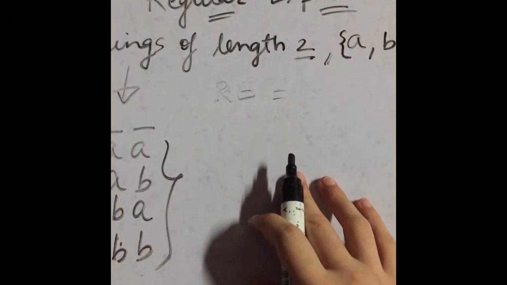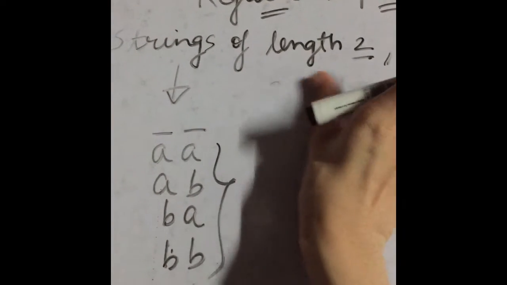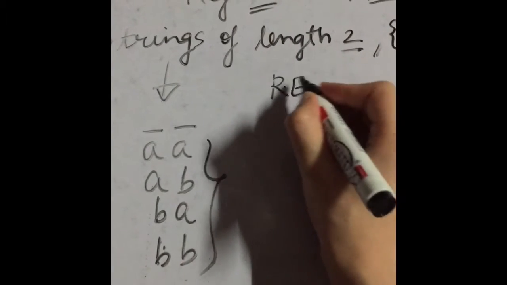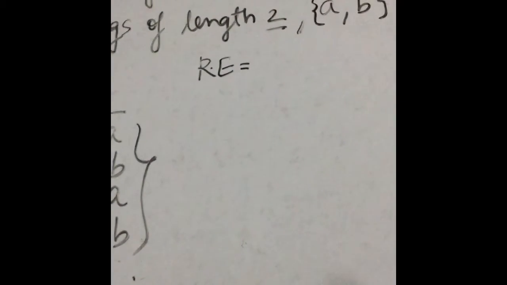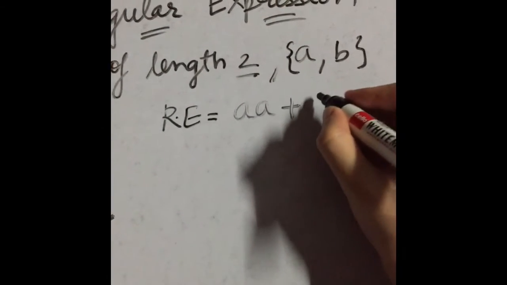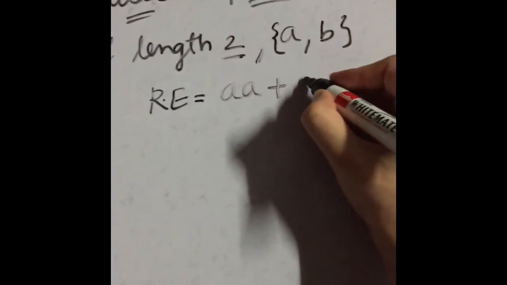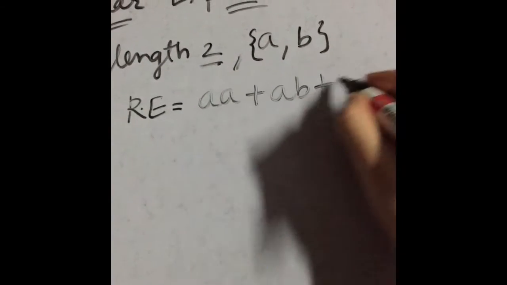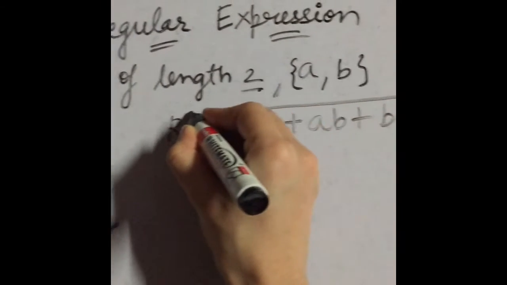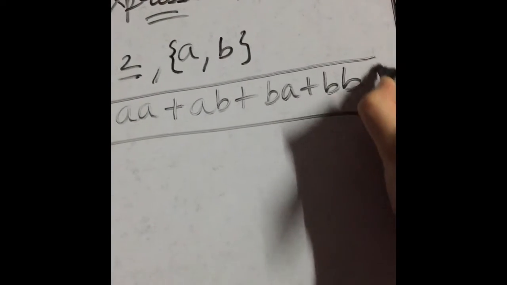So this is a finite language, and the regular expression for a finite language is so easy, you don't even need to use your mind. Just add all the strings present in our language, which is AA, AB, BA and BB. So this is the regular expression for the strings of length 2.